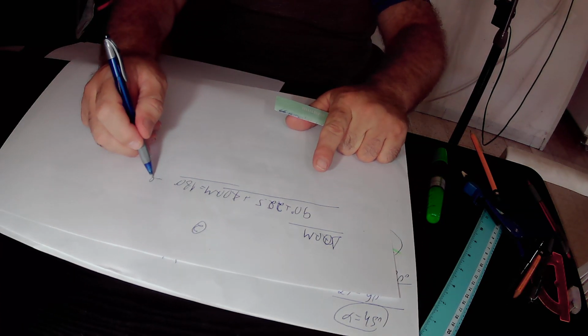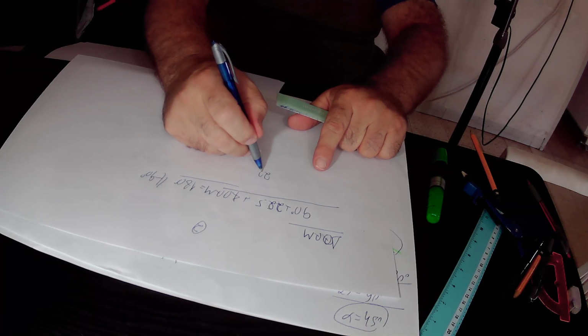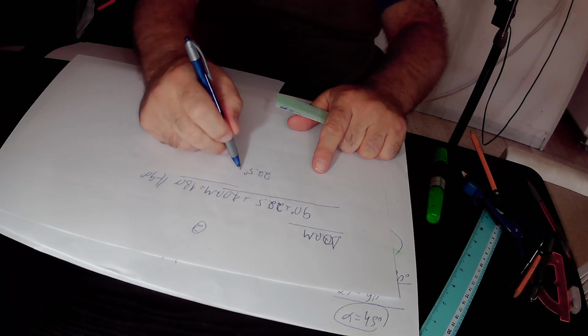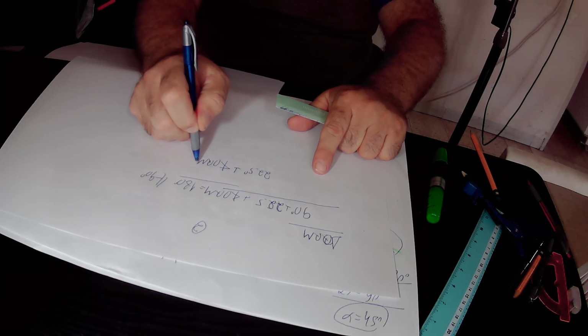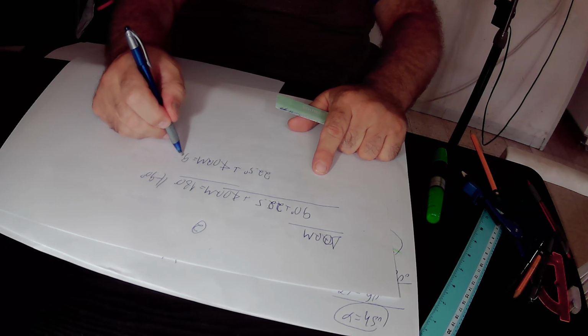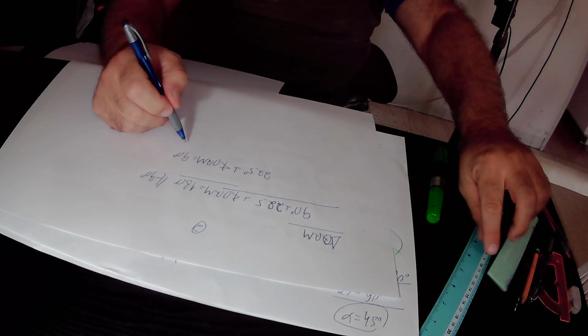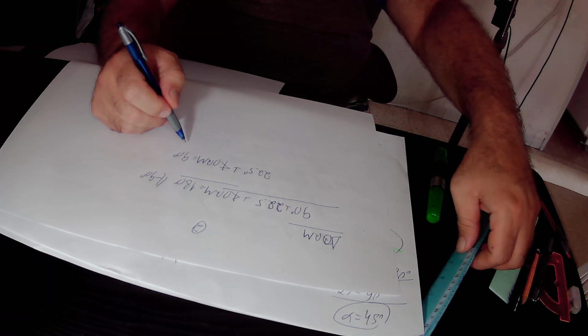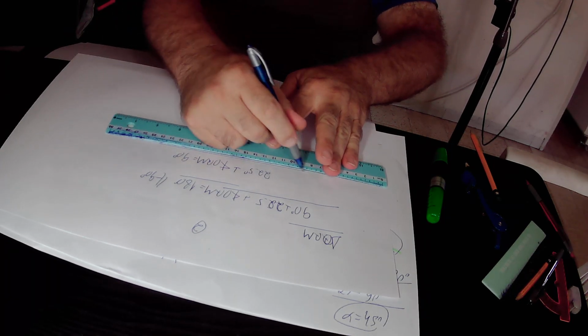Here we subtract 90 degrees from this equation and we get that 22.5 degrees plus the size of the missing angle OQM, in total it must be equal to 180 degrees minus 90 degrees is 90 degrees. So 22.5 degrees plus the size of the missing angle OQM, in total it must be equal to 90 degrees.